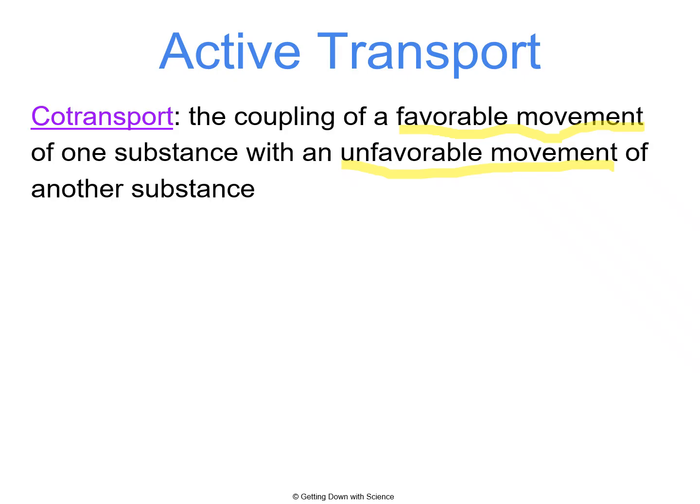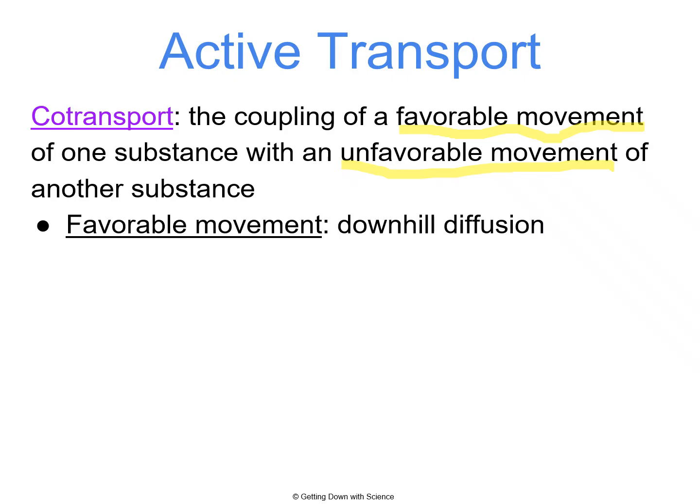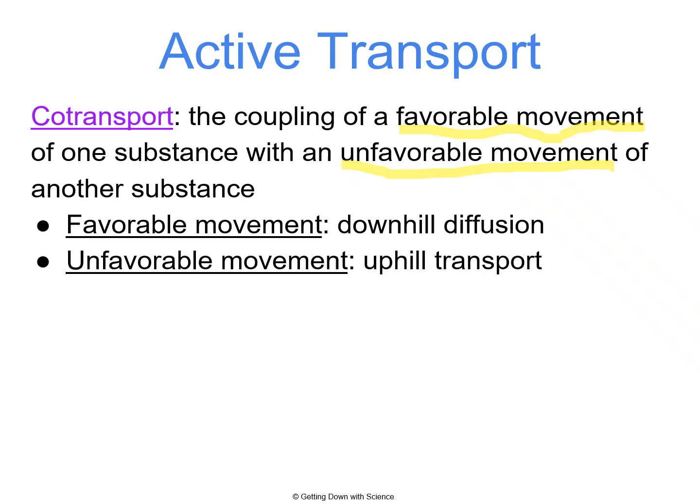And two substances are being moved. However, the direction of movement is going to be different. So favorable movement is downhill diffusion, which is good. So that is passive. And then unfavorable movement is uphill, which is more active.